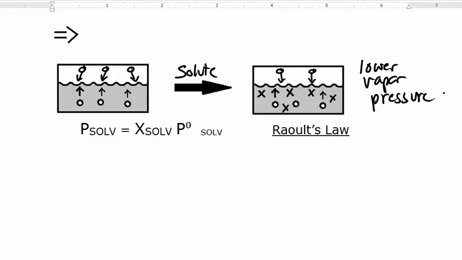The vapor pressure of the solvent is given by Raoult's law, which is that the pressure of the solvent with solute particles in it is given by the mole fraction of the solvent times the pure vapor pressure. So let's put in pure solvent vapor pressure.